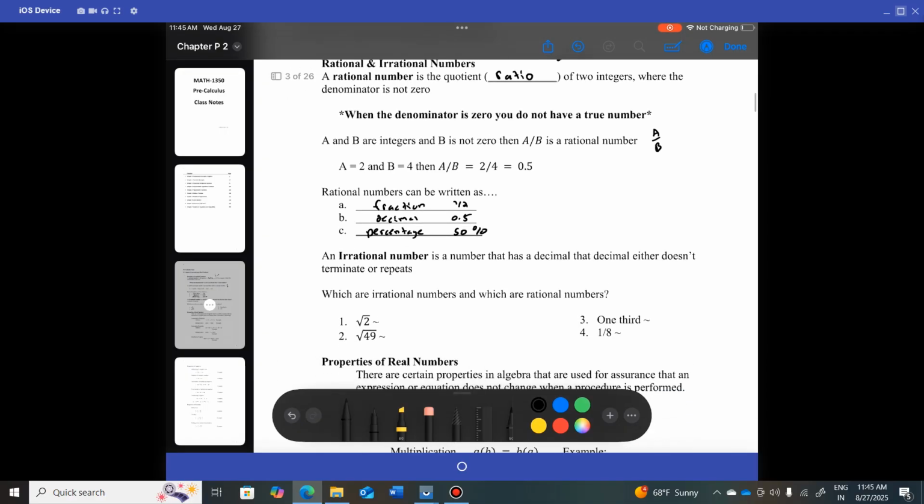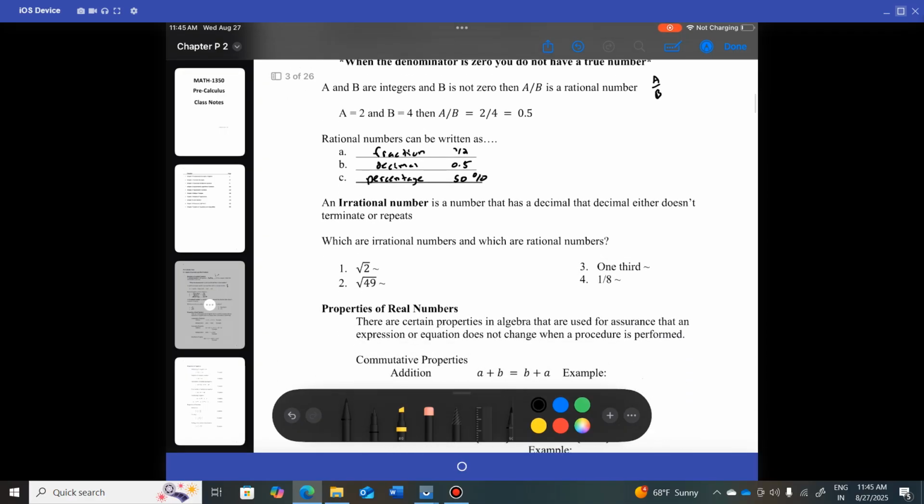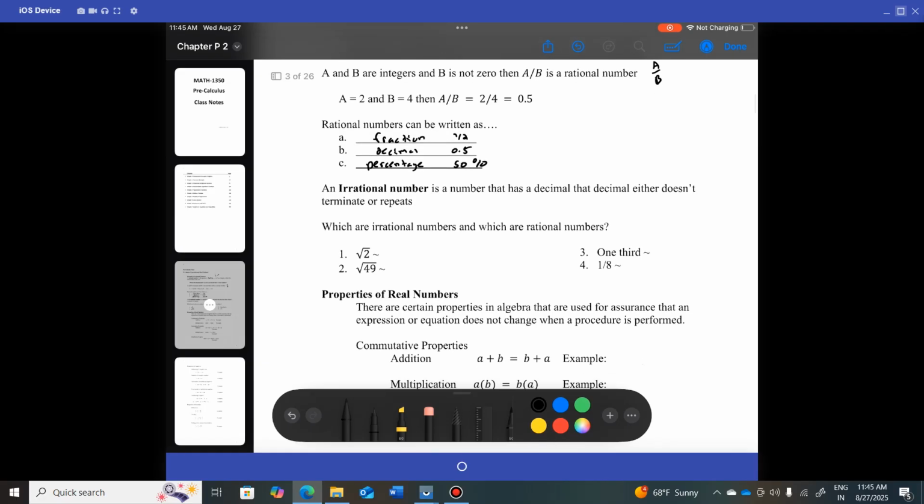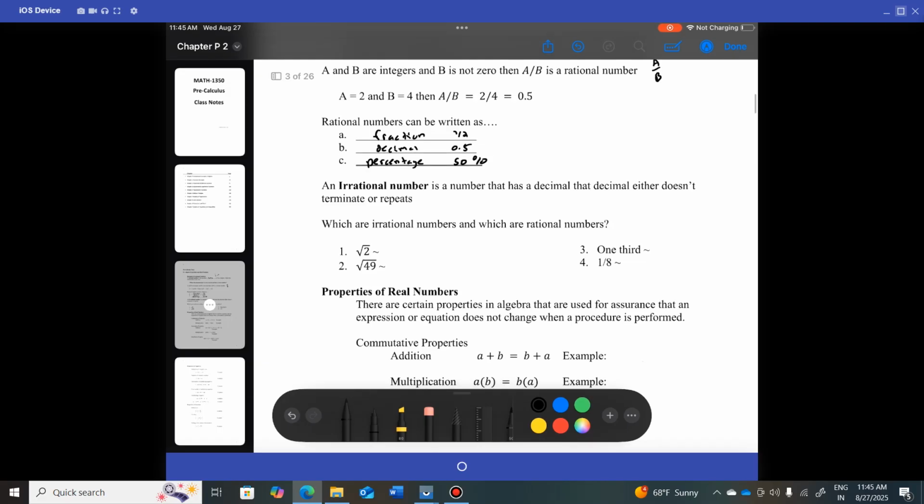Right, an irrational number is a number that has a decimal that either doesn't terminate or repeats. So for instance, pi is irrational. It's 3.14, and then it keeps going with the numbers.